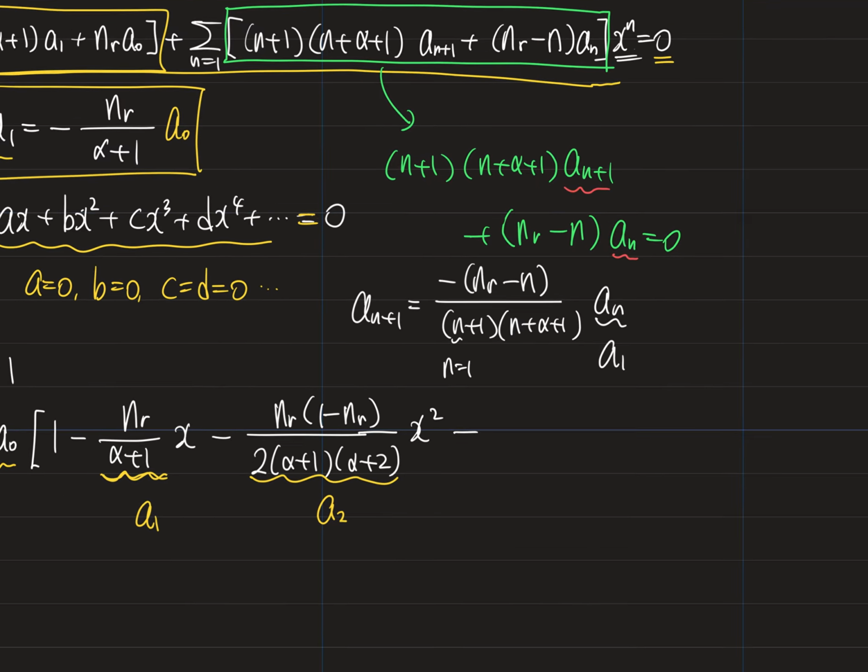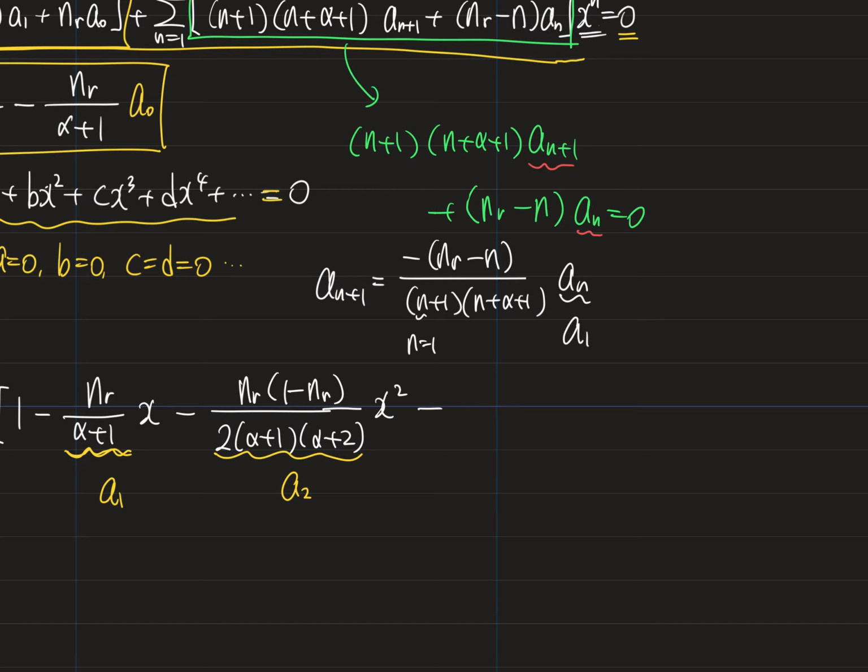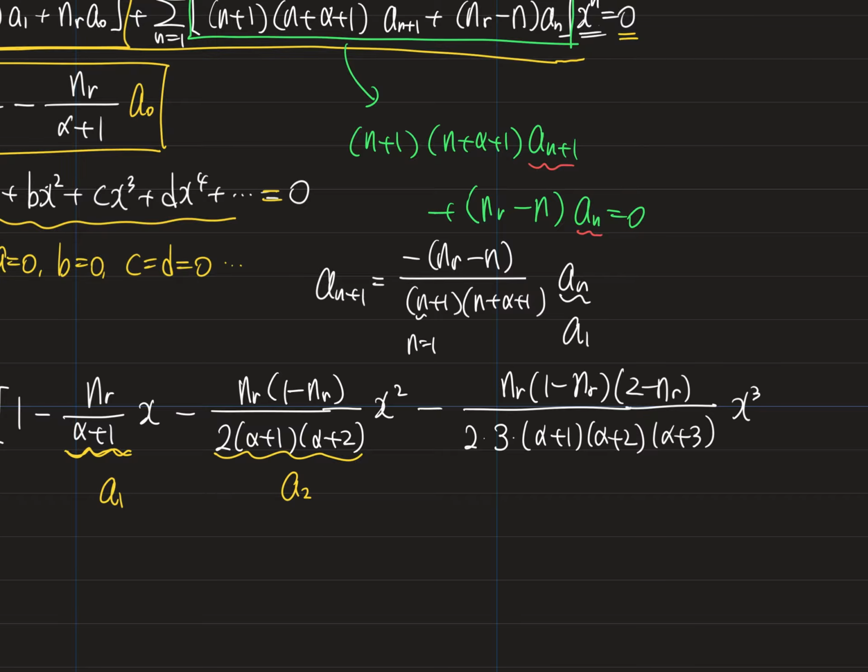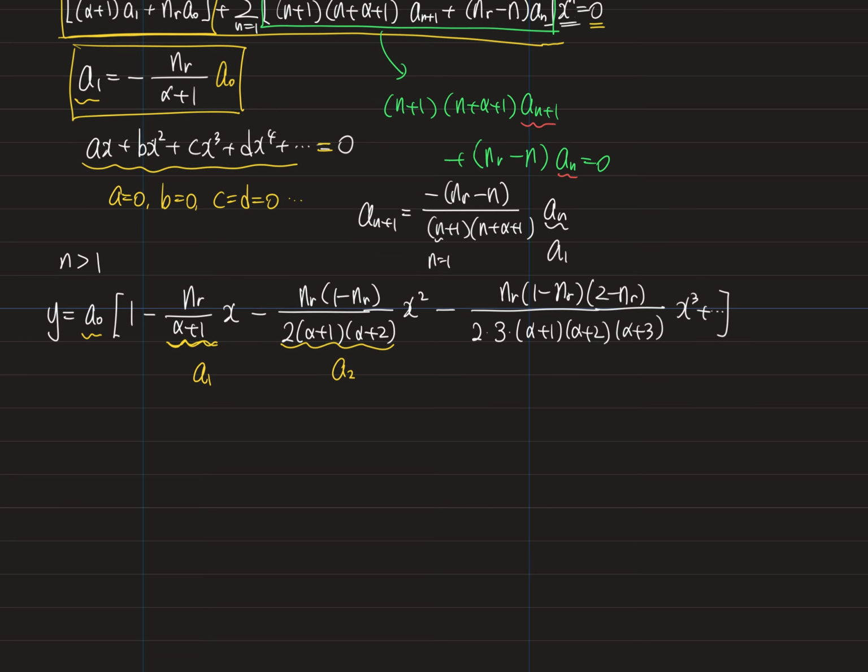So I will write down one more term. 2, 3, alpha plus 1, alpha plus 2, alpha plus 3, and nr, 1 minus nr, 2 minus nr, x3. So basically, this is the infinite sum, as you may see here.